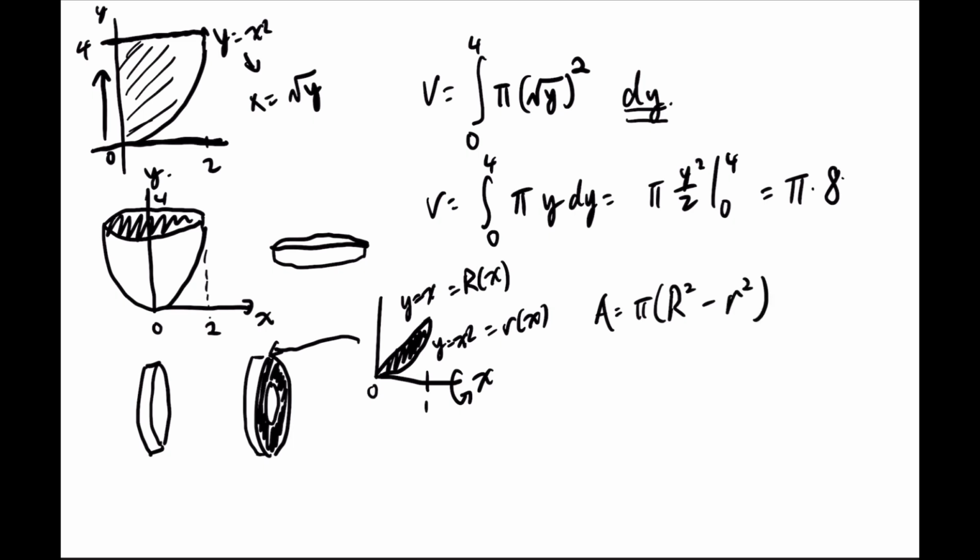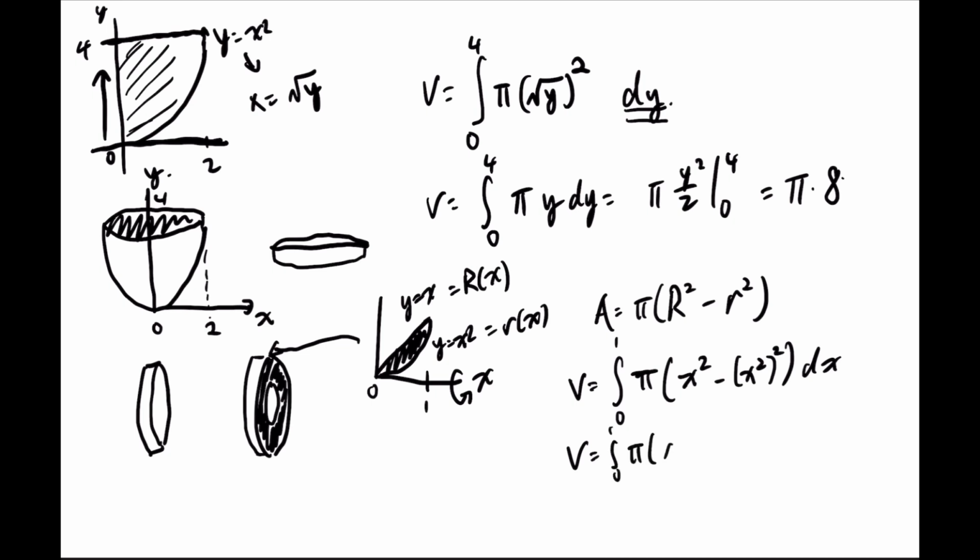Just simple subtraction. So your overall volume would be integral from 0 to 1 of pi times your big radius, which is just x, squared, minus your small radius, which is x squared, squared, dx. So this volume would be integral from 0 to 1 of pi times x squared minus x to the 4th dx.